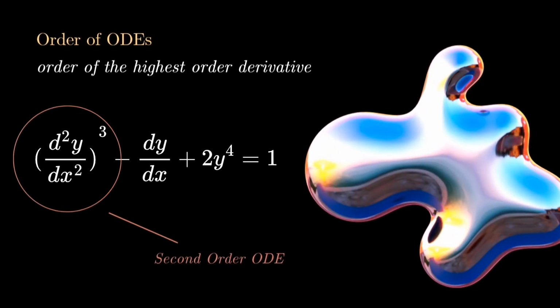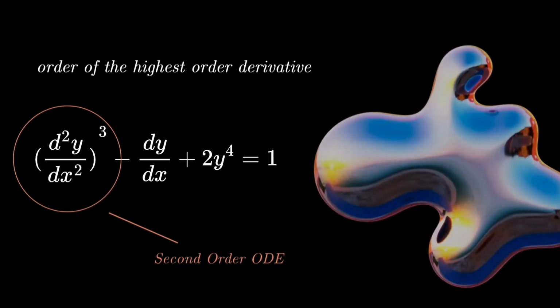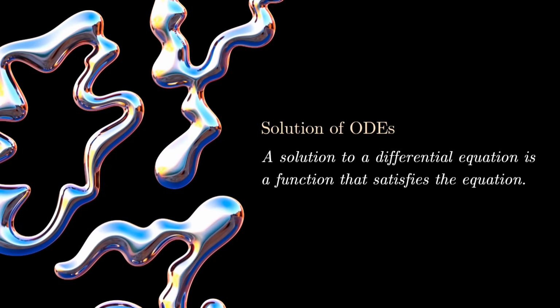Our third example is the same thing because there's no higher power compared to d2y over dx squared, hence it's a second order ODE.